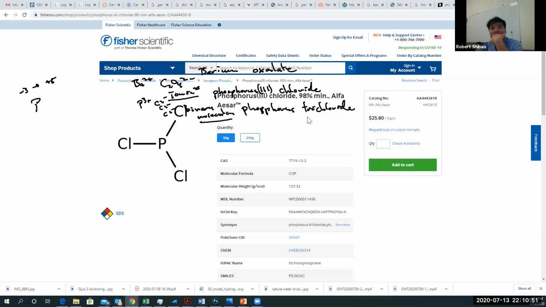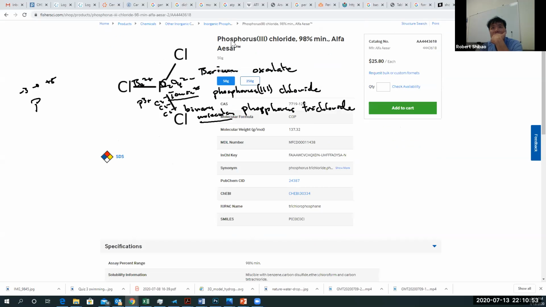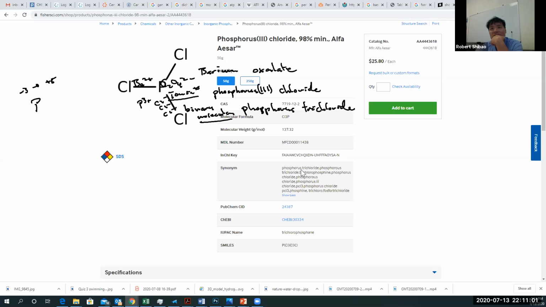They're naming it as an ionic compound. Do you see that? But they also show synonyms. Synonyms would be phosphorus trichloride. Let's see all the synonyms here. Phosphorus trichloride, trichlorophosphine, phosphorus chloride. They try to come up with all these variations of the names.